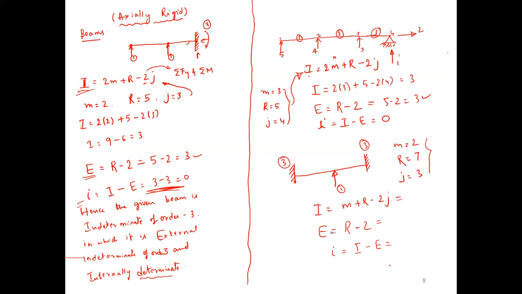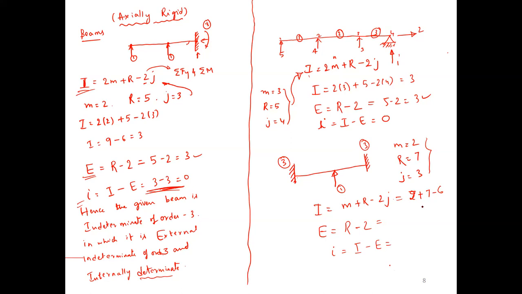Yes, what is I value? Capital I? 7. What is R? 5. 7. R is also 7. No, sir. How much R? See, this is 2 plus 7 minus 6, 2 into J, 3.